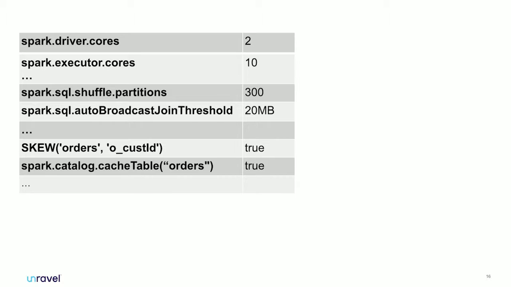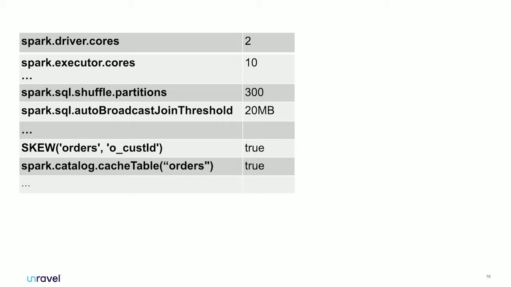So going back to that single Spark app that you may have performance issues with, when you have a problem, what do you do? You look at the logs, you look at the Spark UI, and you probably spend a lot of time looking at the configurations because there are a bunch of them that affect how fast it runs. So these are some of them.